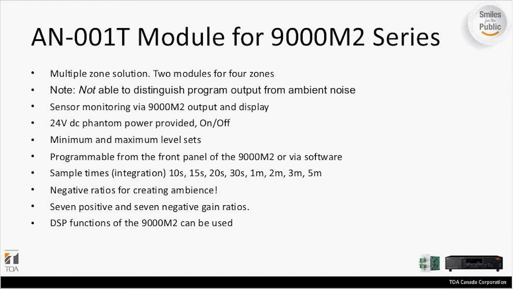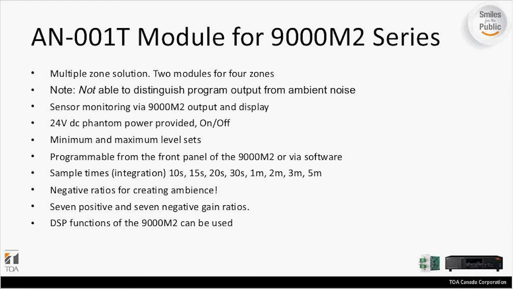In this case, we have different sample times, and they're similar to what the DPL2 has. Starts at 10 seconds up to 5 minutes, so you can sample at 10, 15, 20 seconds, 1, 2, 3, or 5 minutes. And the unique thing about this, it also has negative ratios for creating ambiance.